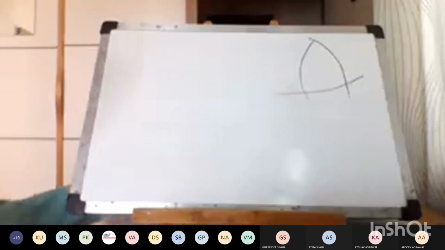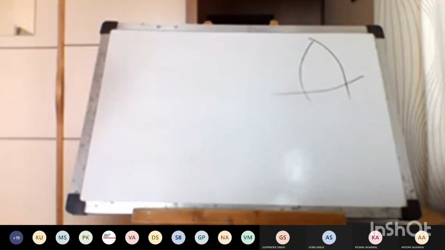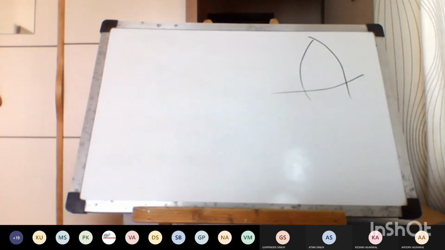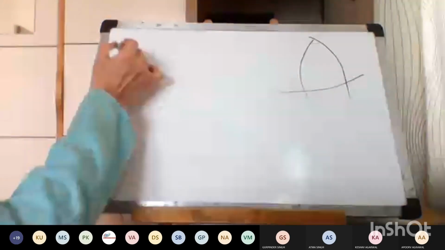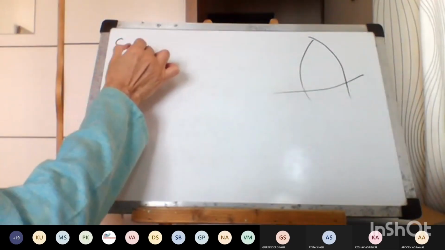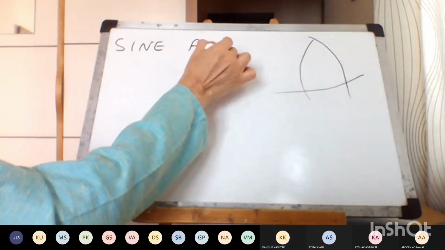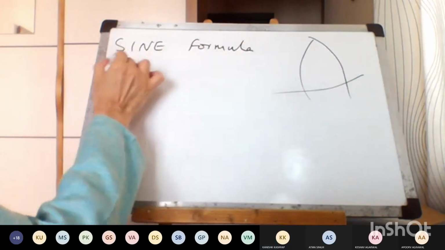So what are the 2 or 3 basic formulas that we use to solve spherical triangles? Anyone? Sir, cosine formula. One is the sine formula. What is the sine formula?